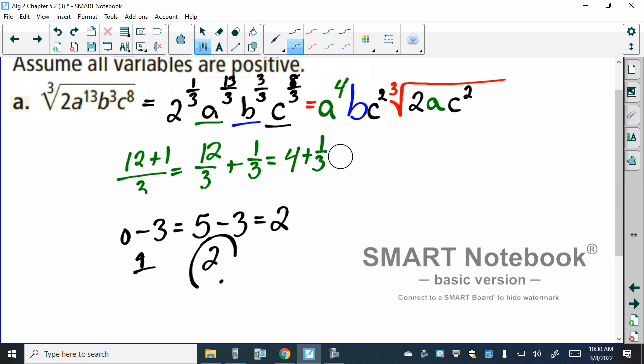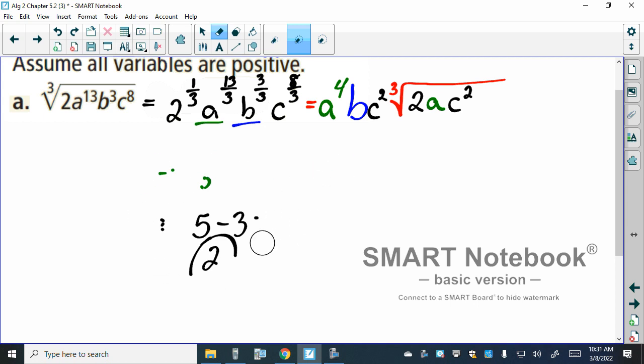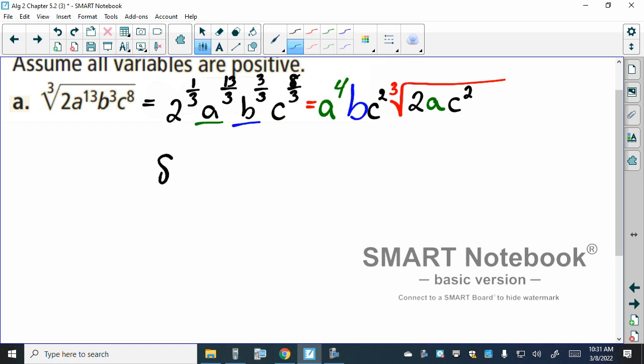Or 8 is the same as 3 plus 3 plus 2, yes? 3 plus 3 plus 2 is 8.